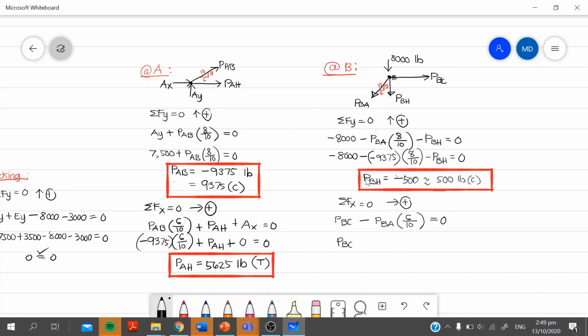So force BC, again, force BA or force AB are the same. So negative 9375 times 6/10. Solve for force BC. Negative 5625. So it also means na 5625 but compression.